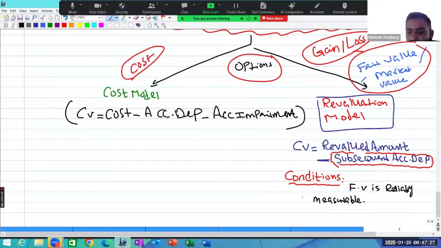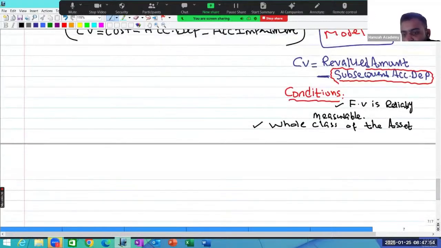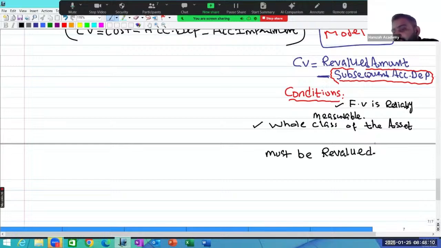Condition number one. The other condition is the whole class of the asset must be revalued.